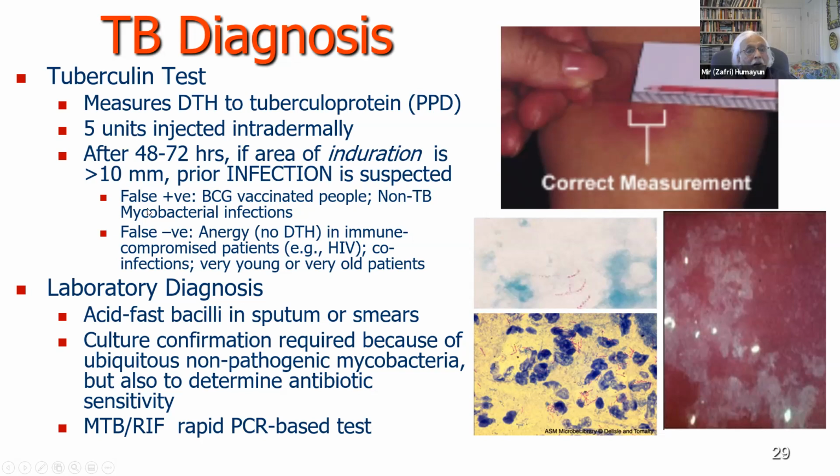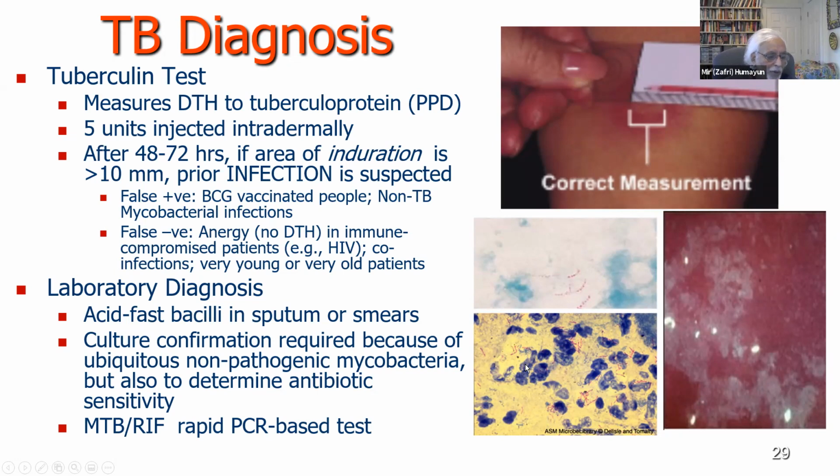Okay, all right. So the classical lab diagnosis is based on acid-fast bacilli found in sputum or smears. Okay, so here is an example of a sputum sample from a patient that shows that there are acid-fast bacilli.